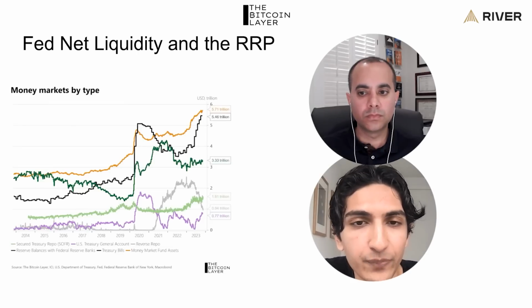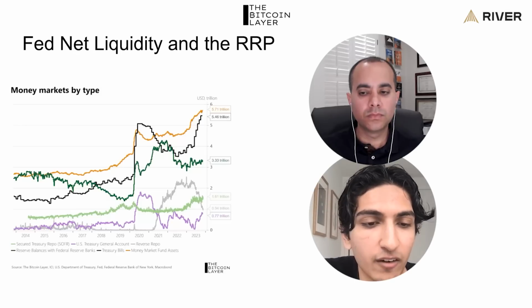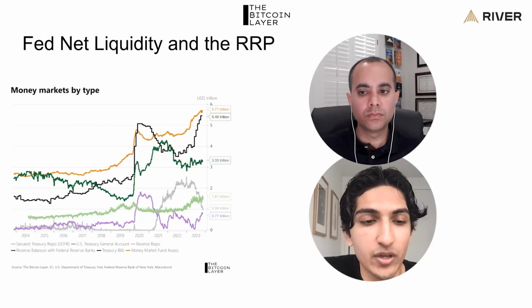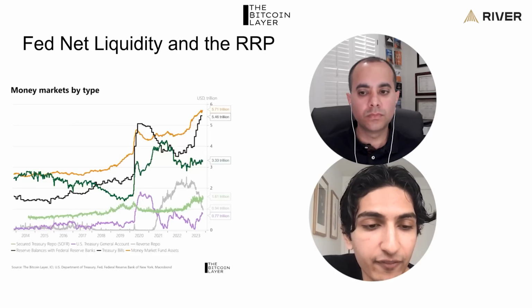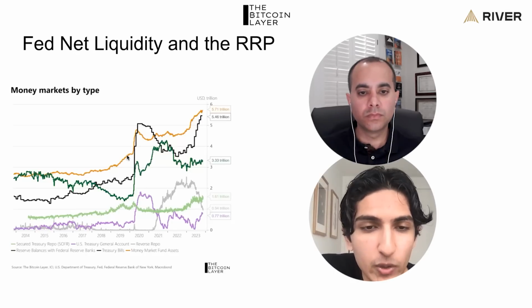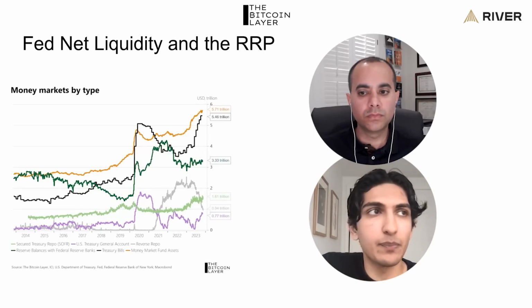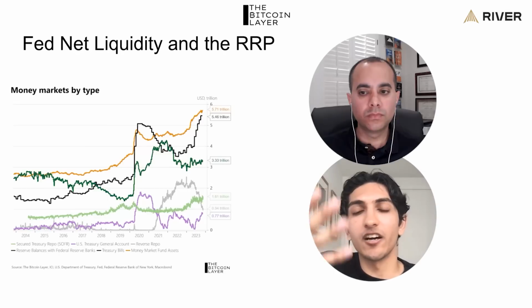So here, what I think is useful, on the issue of Fed liquidity and the RRP, is a chart from a previous episode showing all these different types of cash assets, including reverse repo and reserves at the private banking system. What's interesting is that when the Fed began QT in 2022, the size of the Fed's balance sheet started to fall.